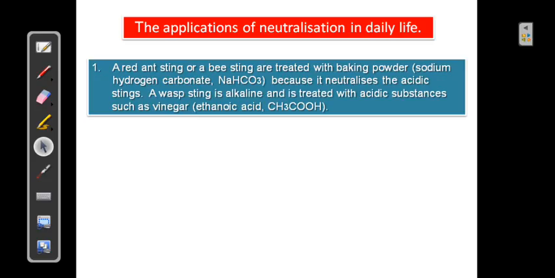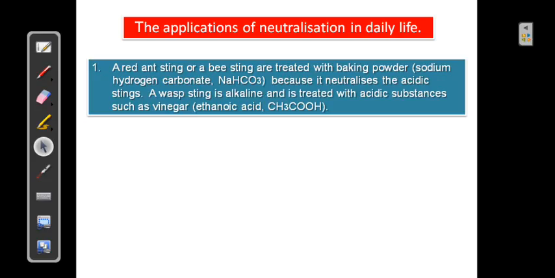These are bases, and it neutralizes the acidic stings. So when you have this kind of sting, just apply the sodium bicarbonate, and you have solved the problem. You don't have to suffer the pain and get irritated by the itchiness, right?